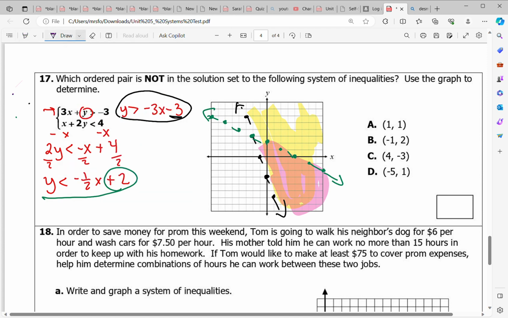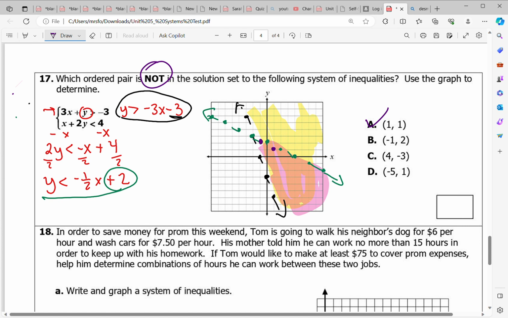So let's try it out. 1, 1, it falls in, but we're looking for what's not in. -1, +2. That's questionable.